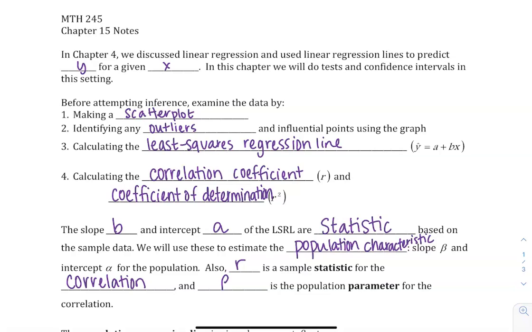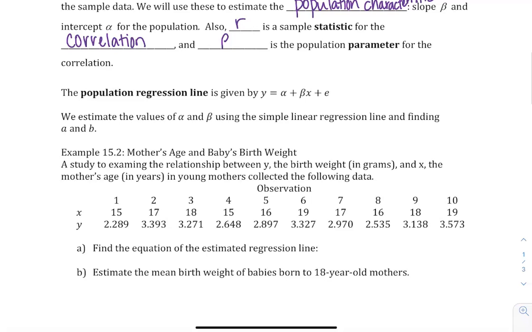We won't spend much time talking about rho, but it is just an implication of what we're studying in this chapter. When we talk about this population regression line, it's as if we have the data for the whole population, and it would follow alpha plus beta x. So we would have a true intercept and a true slope, but then there would be a little error, and this error is random.